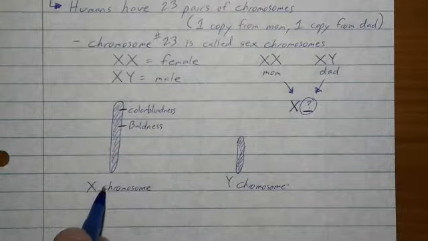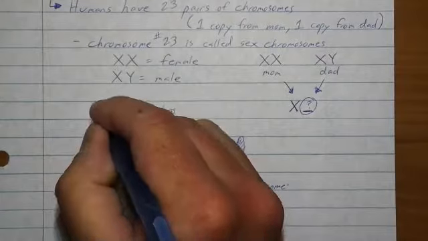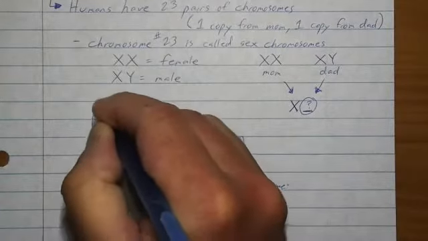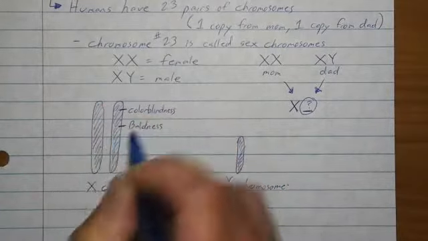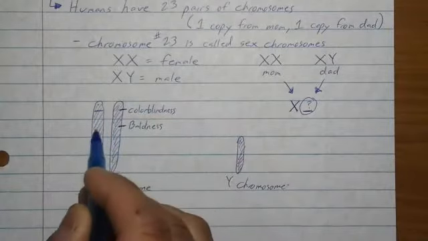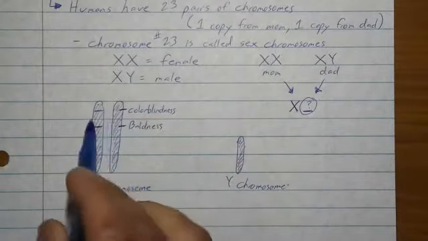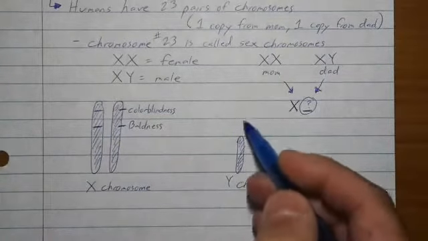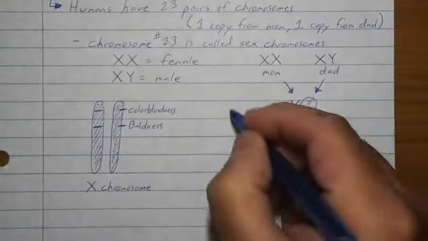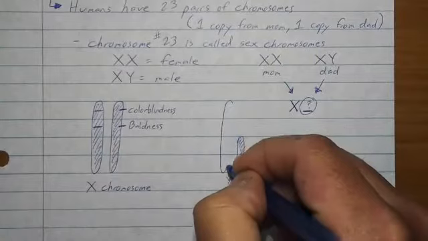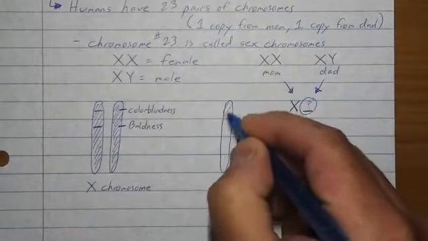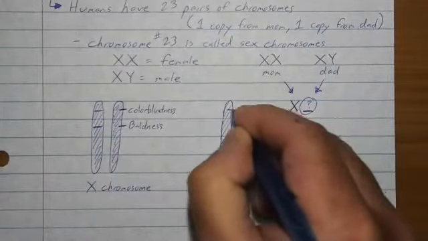And so if I'm a female, I'm going to have 2 copies of the X chromosome. So I will have 2 genes for color blindness, 2 genes for baldness, 2 genes for all this stuff that's up here. The Y chromosome doesn't have anything. So if I'm a male, I have 1 X and 1 Y. I only have 1 copy of each.